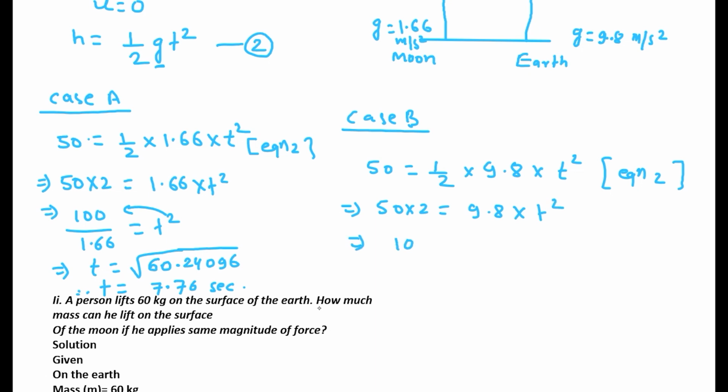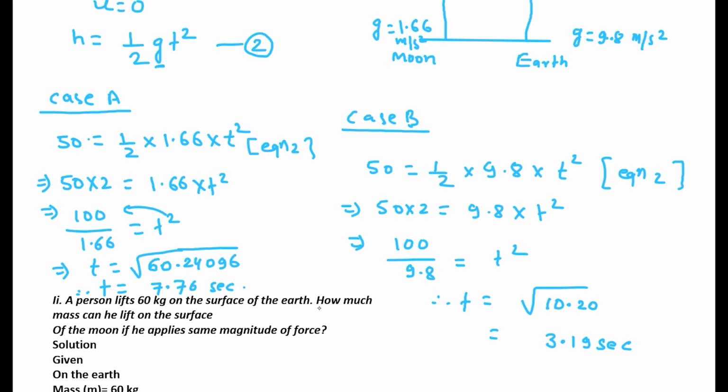So 100 divided by 9.8 equal to t square. So t equal to root under, first of all divide 100 by 9.8, then it becomes 10.20. So root under 10.20 is 3.19 seconds.